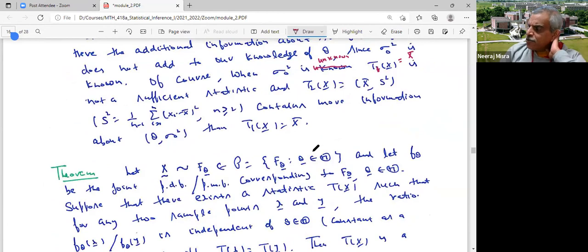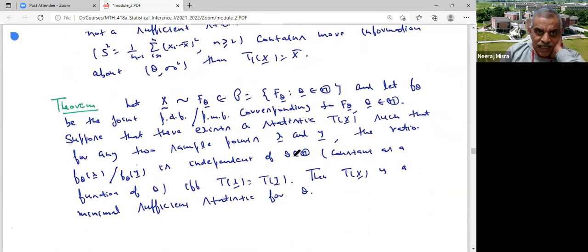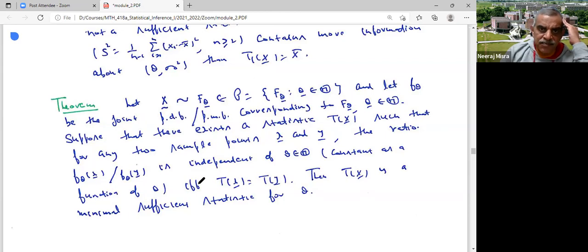Now the question is how to find a minimal sufficient statistic. The next theorem tells me a way to find one.